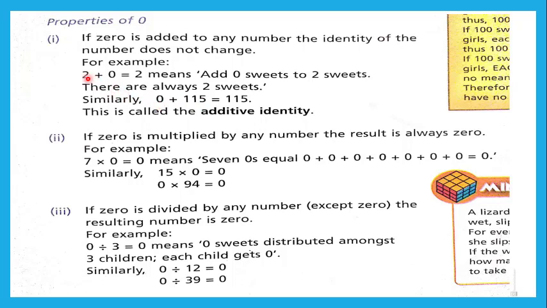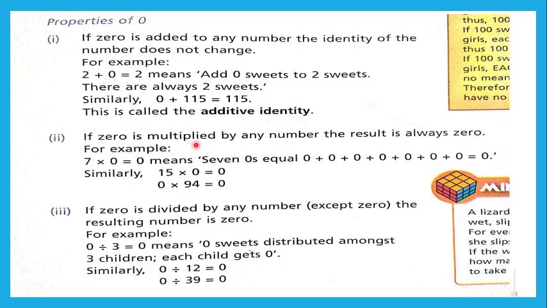Similarly, this 2 has remained 2 after adding 0. This is a property in which when 0 is added to any number, 0 doesn't change that number. So this is called additive identity.